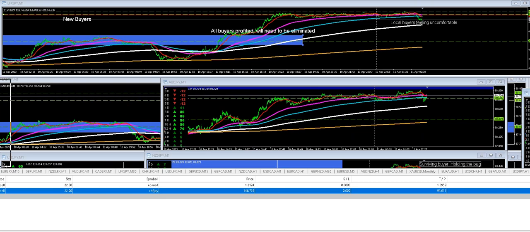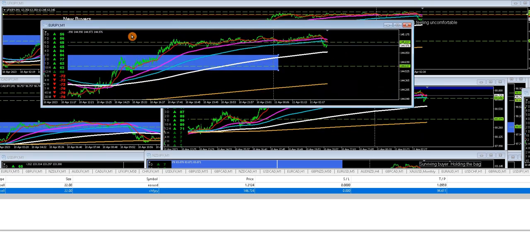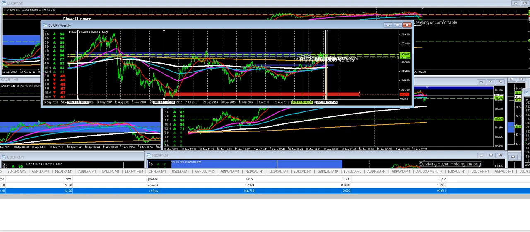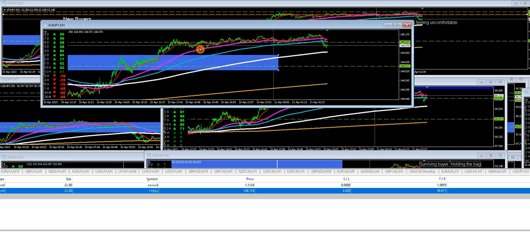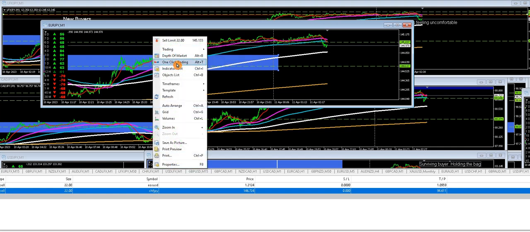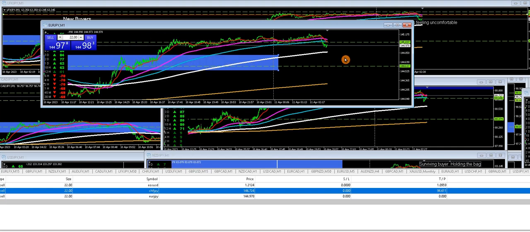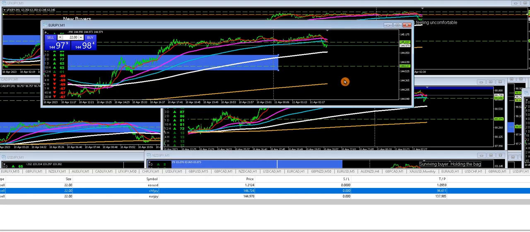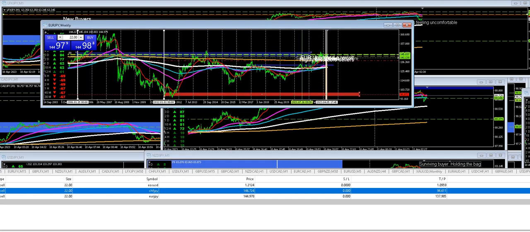It's going to be the euro. Okay, needs a revisit. So we'll go ahead and sell the euro. We know they're now beginning to feel uncomfortable. All right.